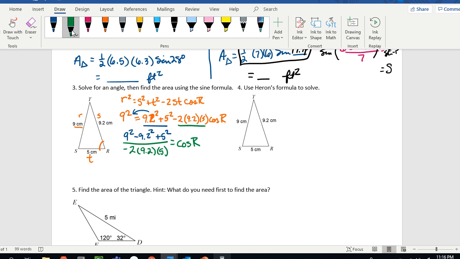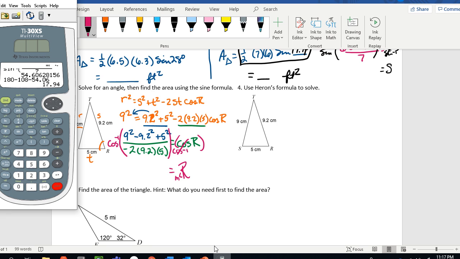All right, so that means to finish this off, I need to take cosine inverse of all of this. This side cancels, and this leaves me with the measure of angle R. All right, so let's put it in a calculator. I can't do it without it.